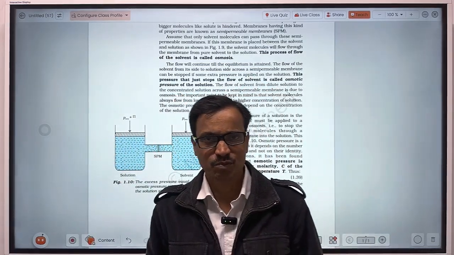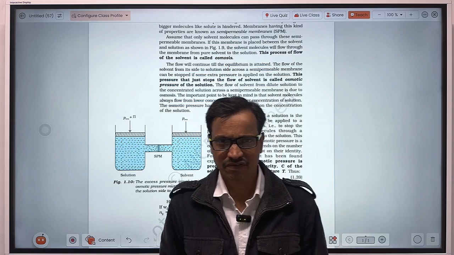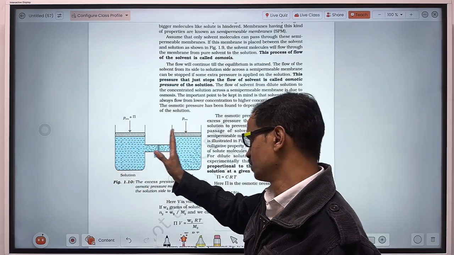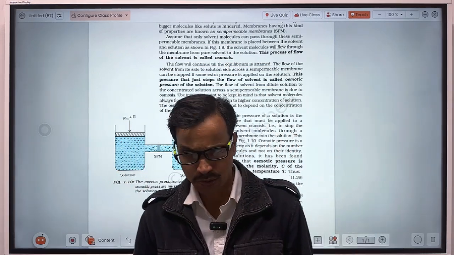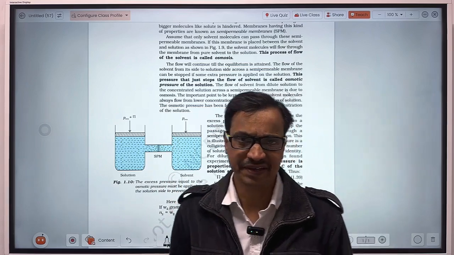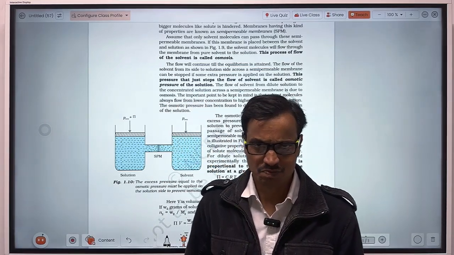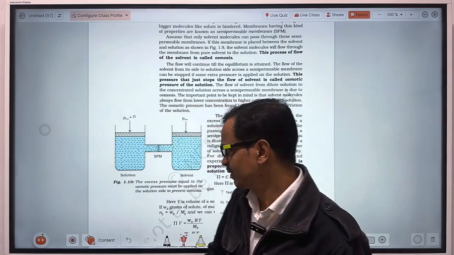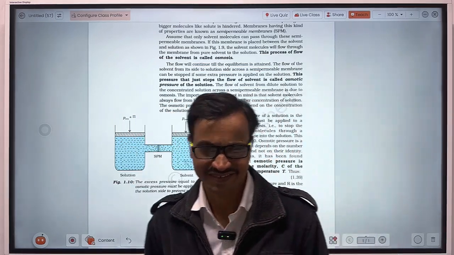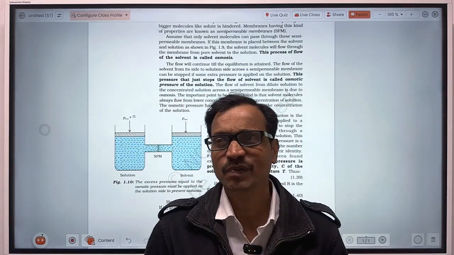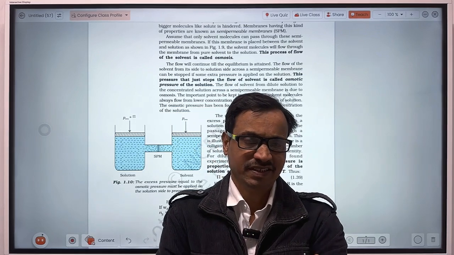Reverse osmosis is the movement of solvent particles from the solution to the solvent through a semi-permeable membrane when a pressure greater than the osmotic pressure is applied over the solution. That is one point you will have to write. The second point, its use, you will have to write.